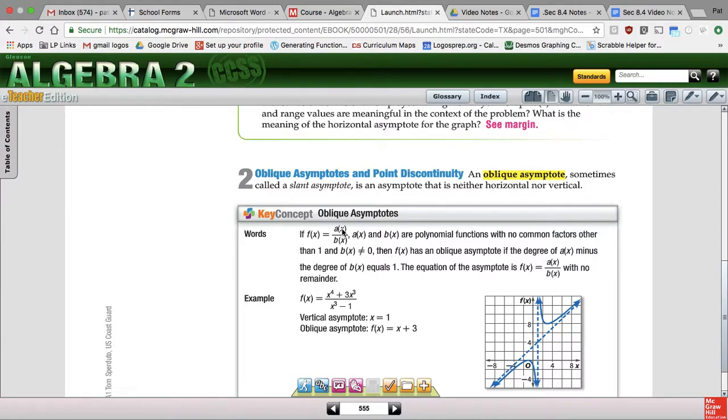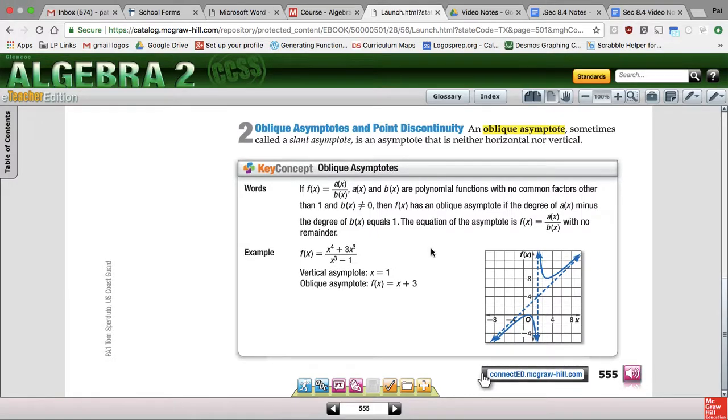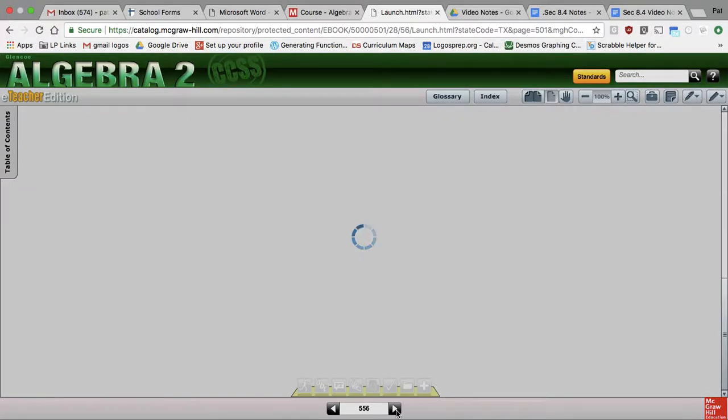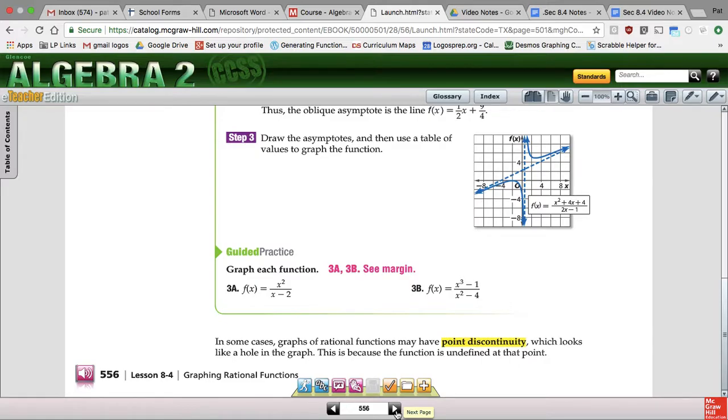Well, if the degree of a of x minus the degree of b of x equals 1, then you have an oblique asymptote at f of x equal the polynomial a of x divided by the polynomial b of x, and you disregard any remainder if there's a remainder. Okay? You also can't have common factors other than 1, and b of x can't equal 0. So let's look at an example with that in mind.